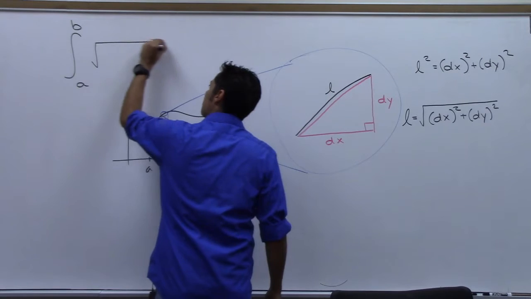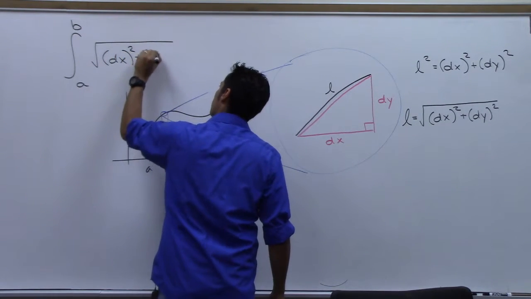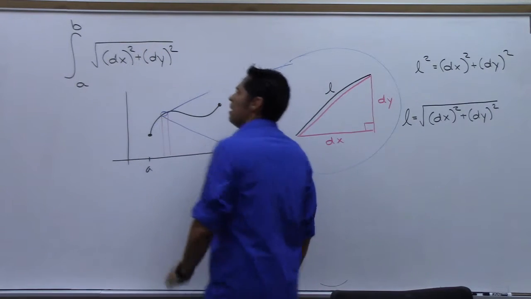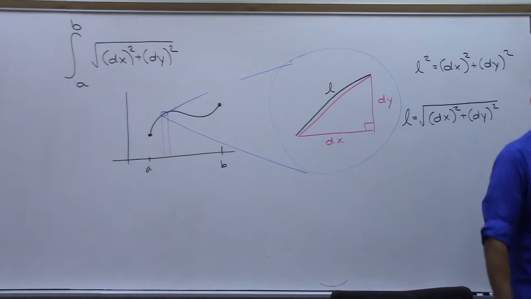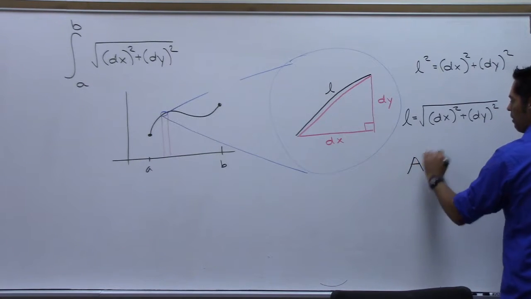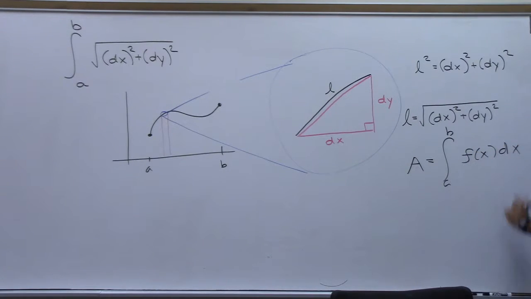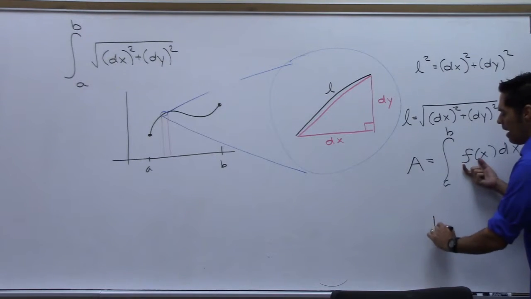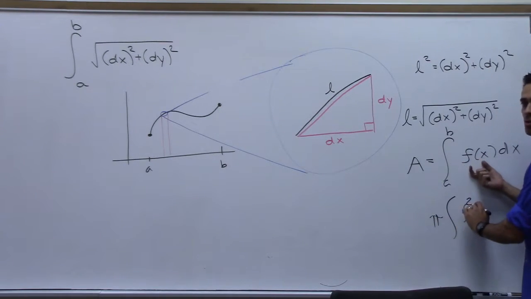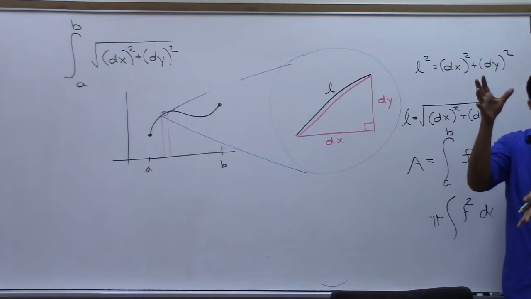And when we look at this formula, we're going to have a pretty major issue. We've never seen anything like that before. Every formula that we've had before, if you go back and look at the area under a curve, was the integral from a to b of f of x dx, width of the rectangle, height of the rectangle. Or when we did the volume of revolution, we had pi, then the function squared dx, and that had to do with the formula for the washer.